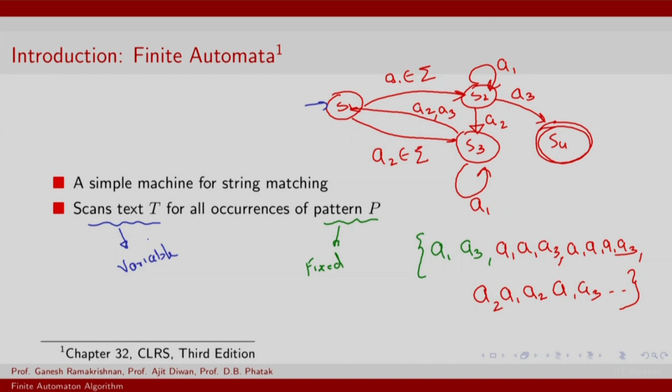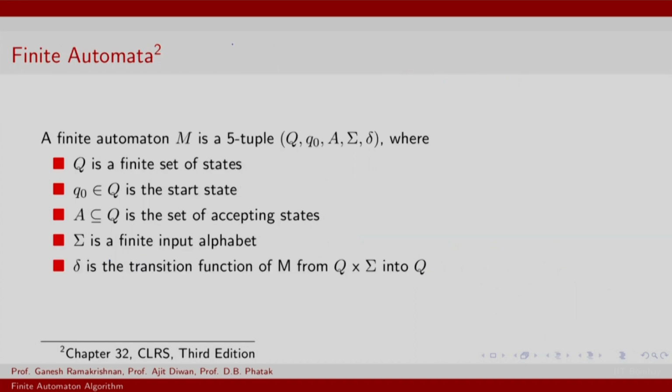So formally a finite state automaton M is a five-tuple which consists of a finite number of states Q, a start state q0, an accepting state A. So recall that we denoted an accepting state with two concentric circles.